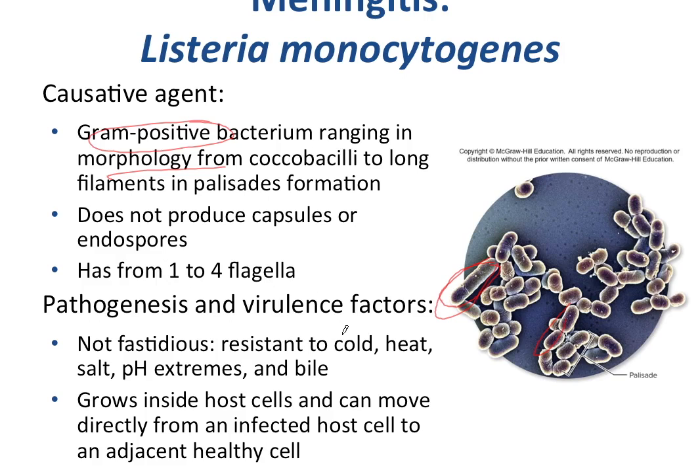So the bacteria is resistant to cold, heat, and other extreme conditions. Okay, that means they can survive through the GI tract. So they can grow and live in the host cells, invade the host cells, and spread.